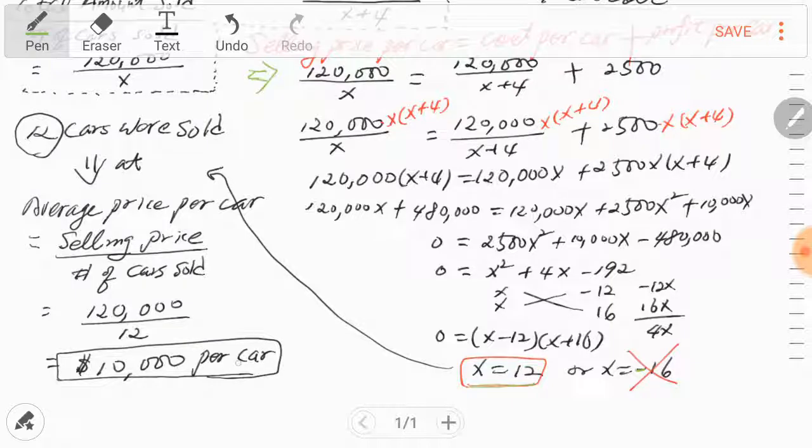Then for each car, the price of the car is $10,000. So finally, the car dealer sold 12 cars at an average price of $10,000 per car.